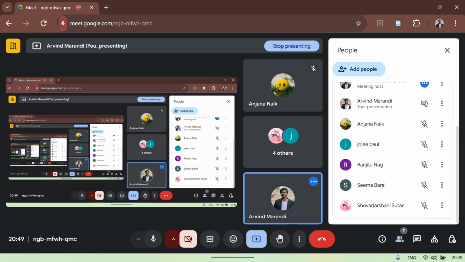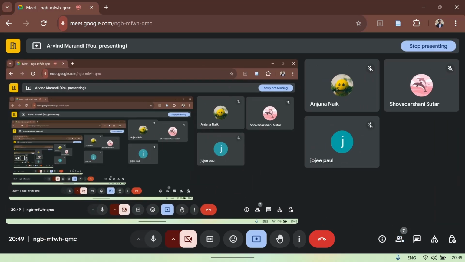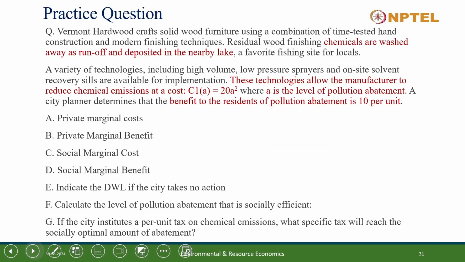Any question? Okay, now we will move to the next part. So we are going to do this question and then we will end today's session. Okay, so here we are given a firm.